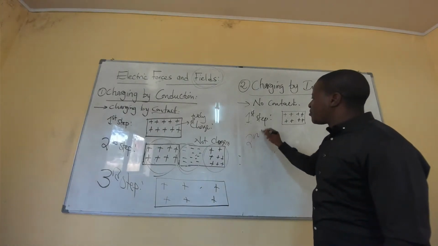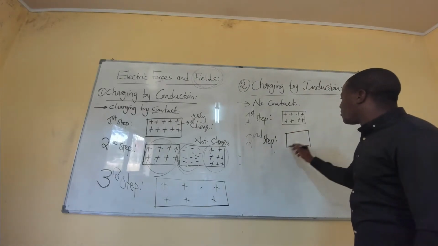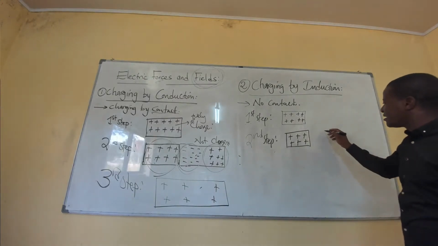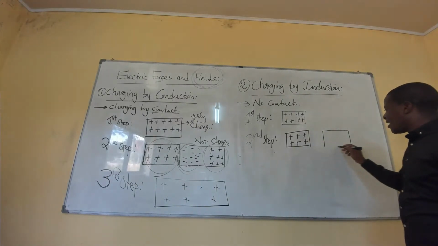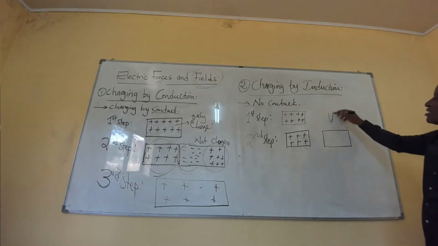So the second step here is we now have our positively charged body. Then we bring in the vicinity our neutral. This is uncharged.